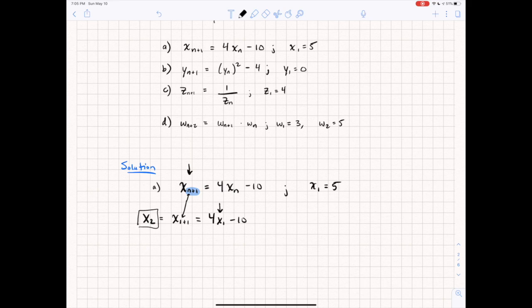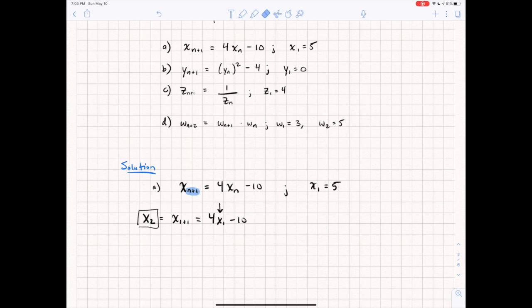Another way to look at this x sub n plus 1 is, if I want to get to the next term, this plus 1 piece, I'm going to use the x sub n, the previous one, to get there. In order to find each term, we need the previous one, literally the one right before it.